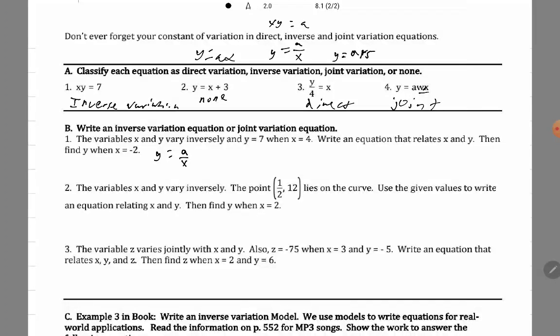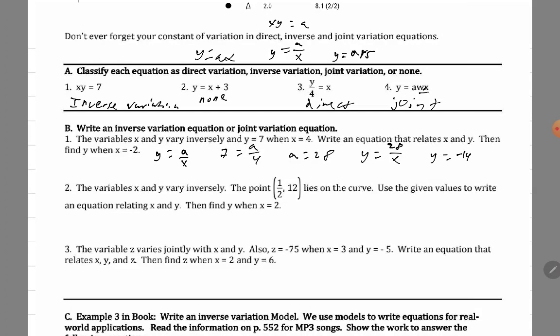They give us that y is 7 and x equals 4. So 7 equals a over 4. Multiply both sides by 4. So a, our constant of variation that never changes, is 28. Well, for this particular equation. So my true equation is y equals 28 over x. Now we can find y when x is -2. When x is -2, y is -14, because 28 divided by 2 is 14.